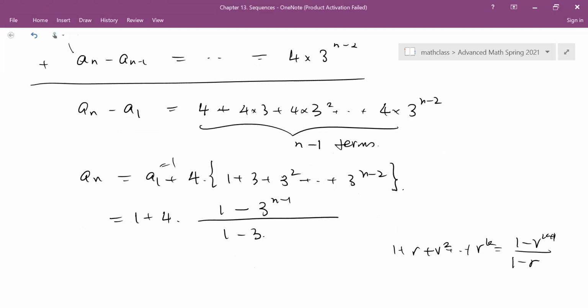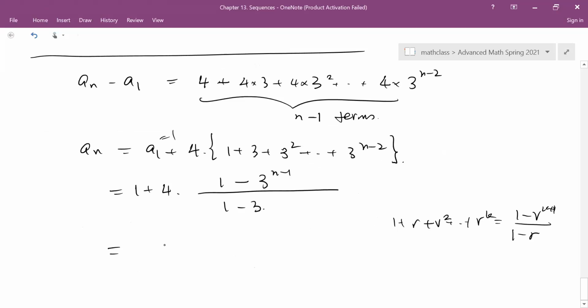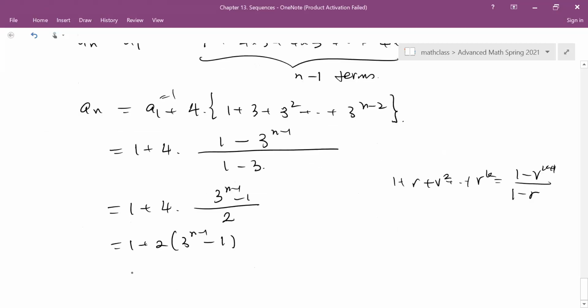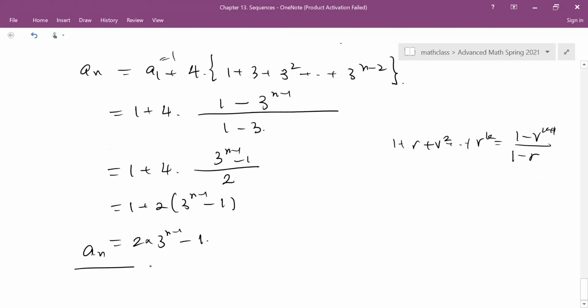Simplifying a little bit, 4 divided by 2 is 2, so we get 2 times 3 to the n minus 1 minus 1. Double check whether this matches what we discovered.